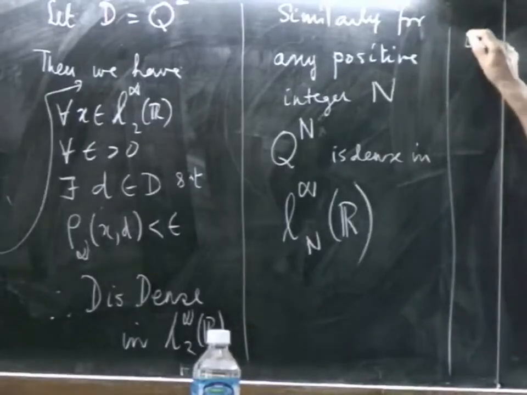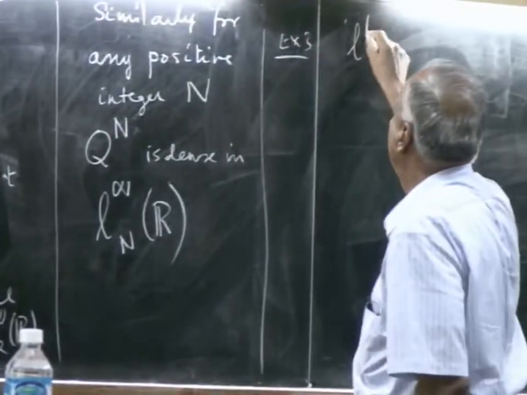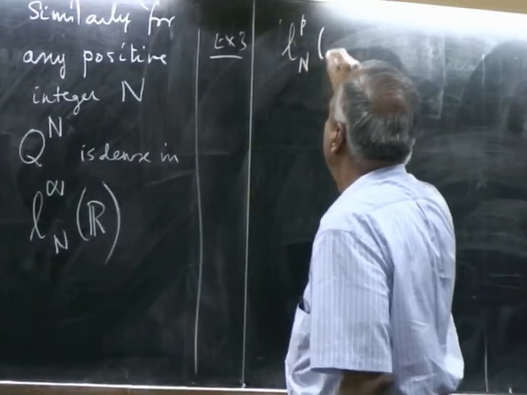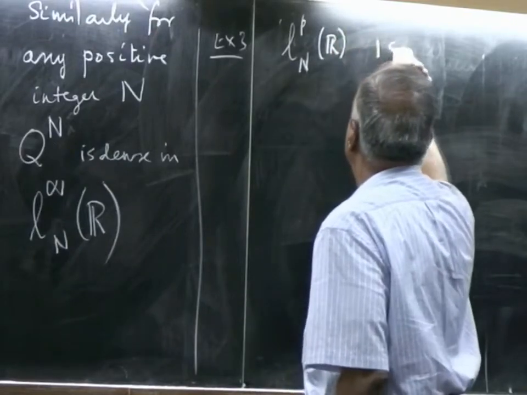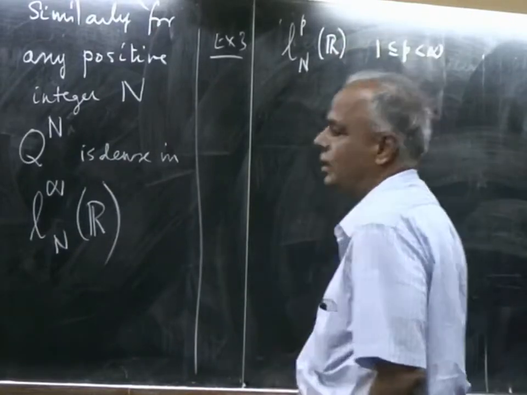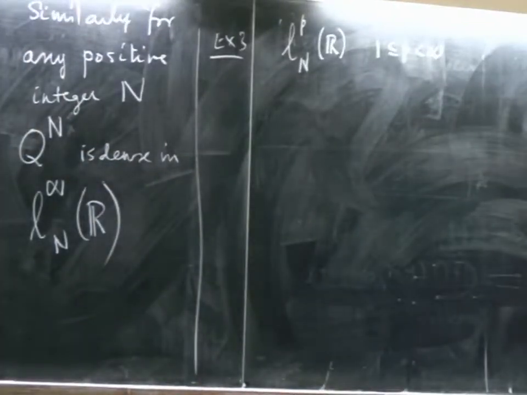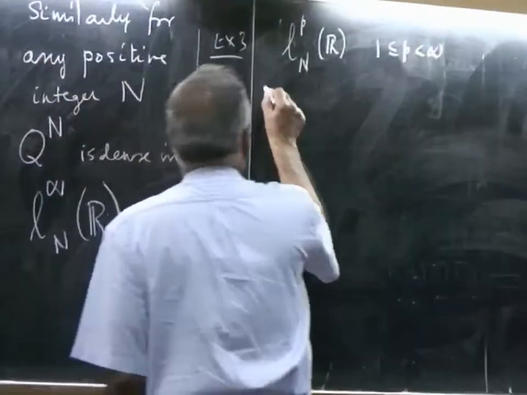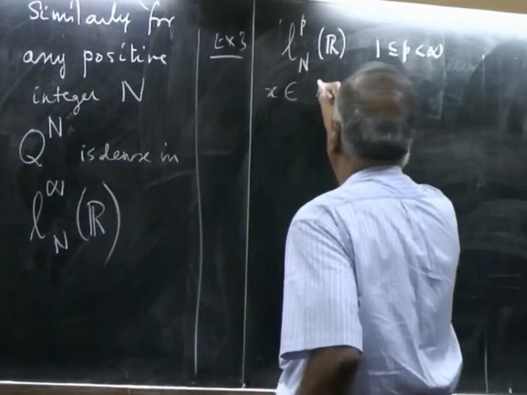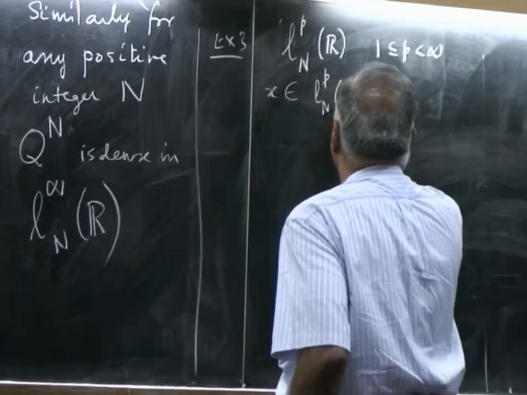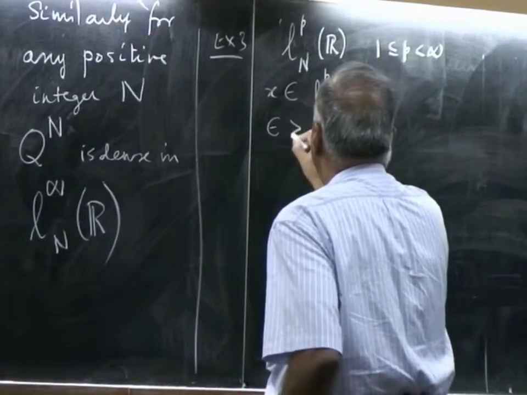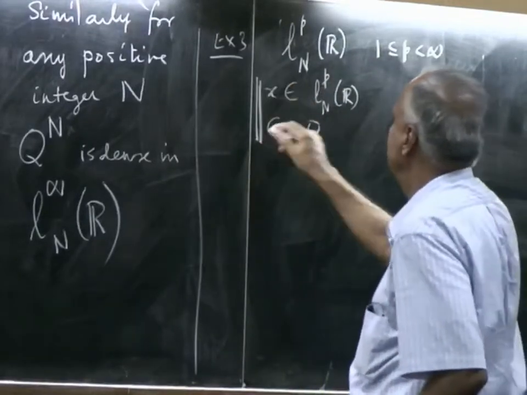Now what we will do is go straight away to this. Instead of L infinity on the n-component vectors, I put the p metric. Now let us see what we will do. We will be very careful. So we are given x and we are given epsilon greater than 0.